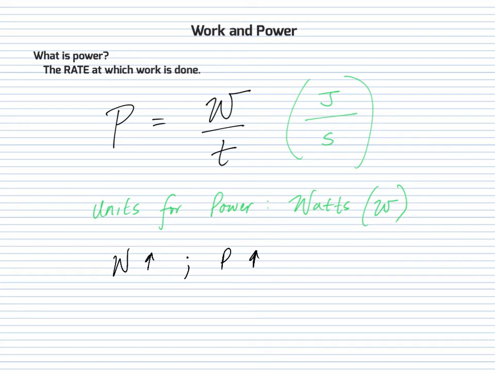Conversely, because time is in our denominator, if time increases, then power decreases. And vice versa, if time decreases, then power increases. So power is pretty simple. We're not going to be going too in-depth with power, but I do want us to understand the value that it has when we're talking about work, and just being able to manipulate this equation that we have for power and understand how power can change.